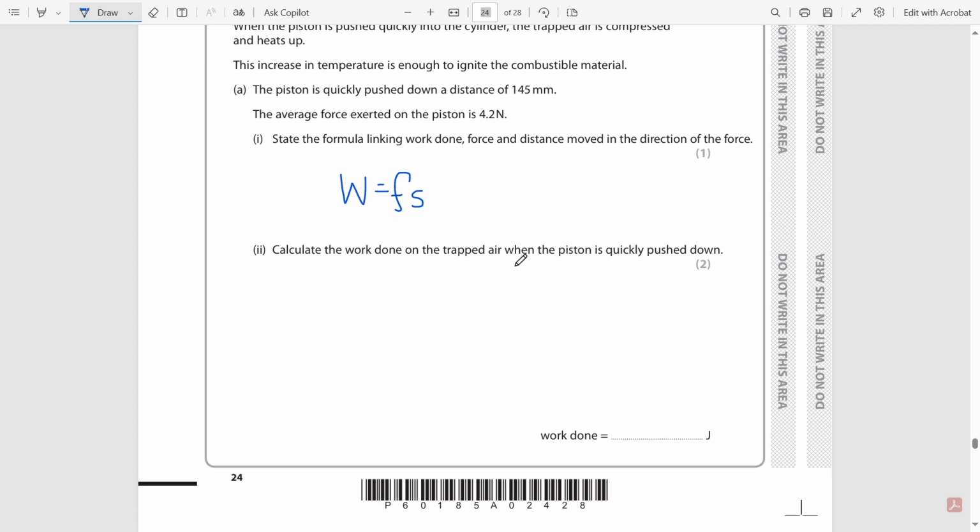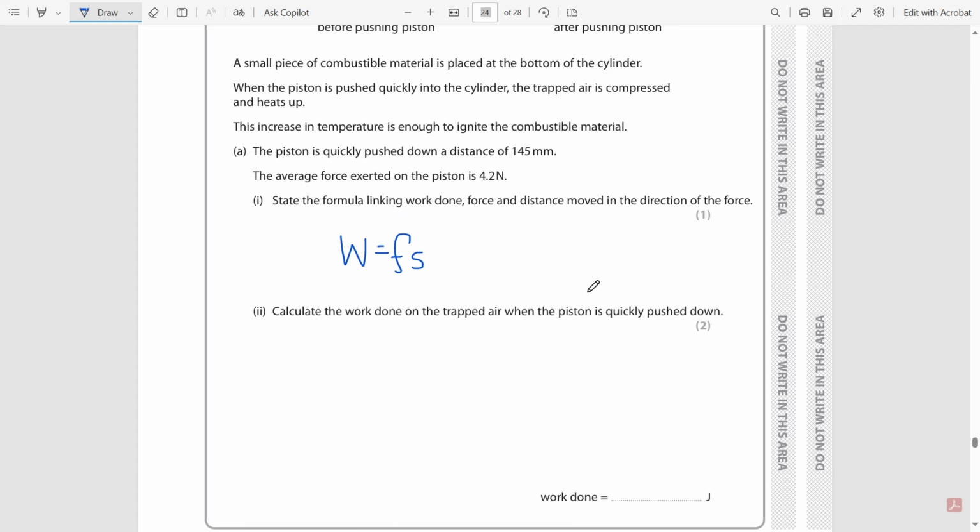Calculate the work done on the trapped air when the piston is quickly pushed down. So we're going to have to convert this into meters, so divided by 1,000. And we're going to do force times distance.